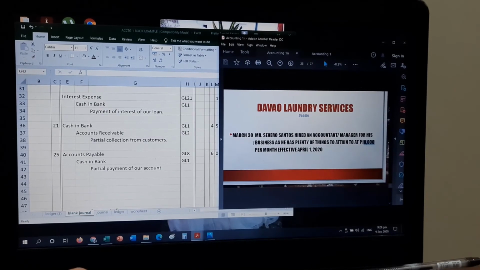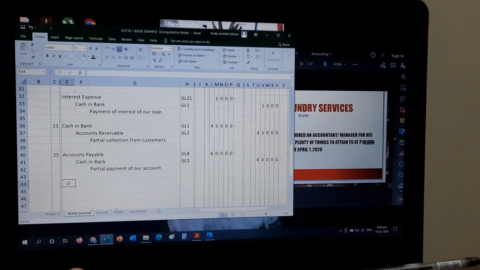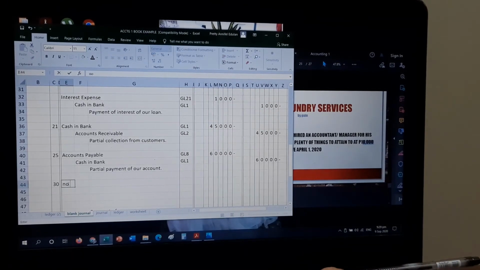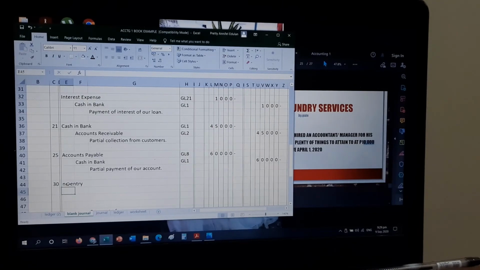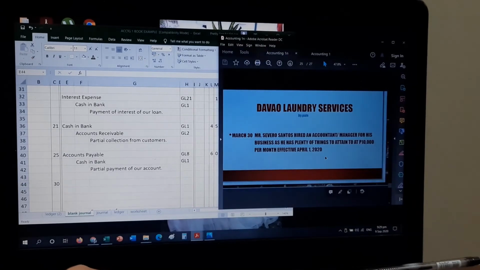So if it's not financial information, based on the definition of accounting, this will not be recorded in our books of accounts. Some would write "no entry." But in reality, you don't need to write this. So why did I present this as part of the problem? For you to know that not all transactions have entries.